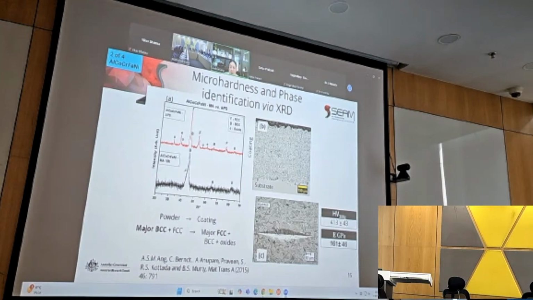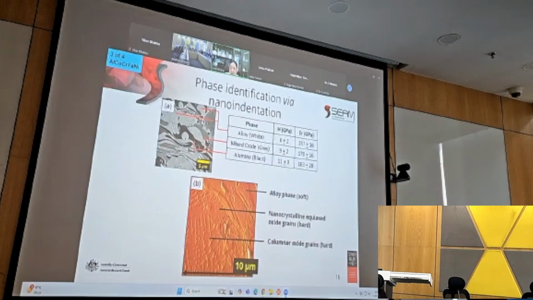And then by looking at some of the TEM results that Amy did, we were able to see what actually happened. Some of the aluminum diffused out, which formed aluminium oxide, and we have our BCC and FCC phases. Some of them were not fully melted, that's why they retained some of these phases. So we can now explain it, right?